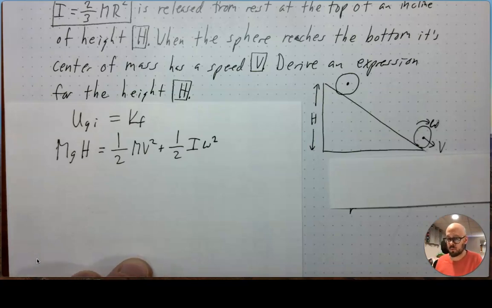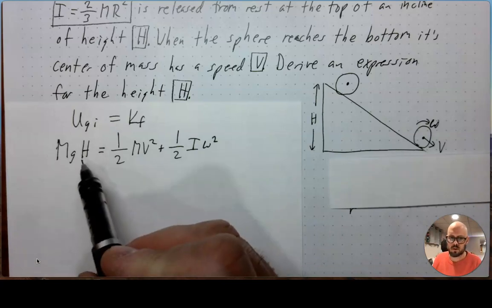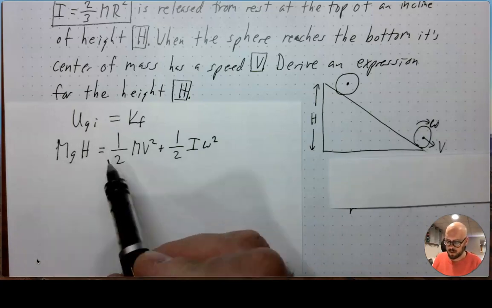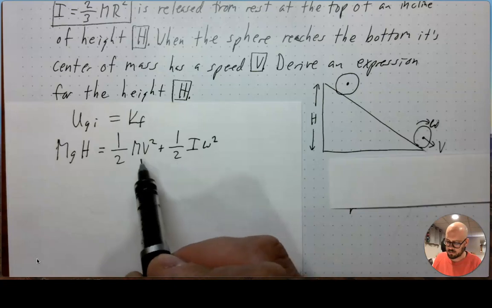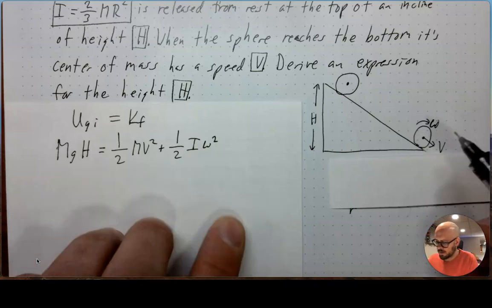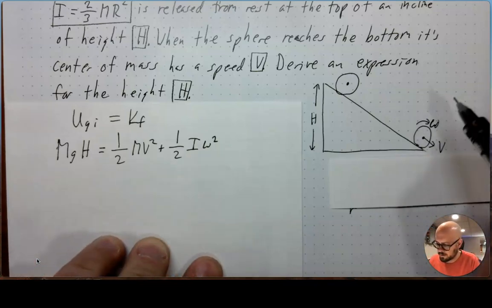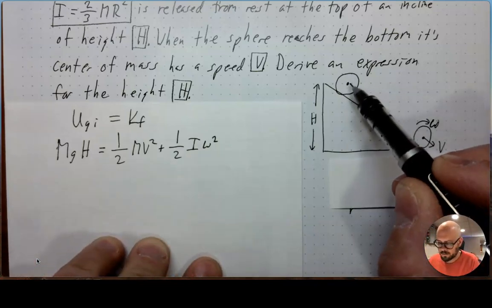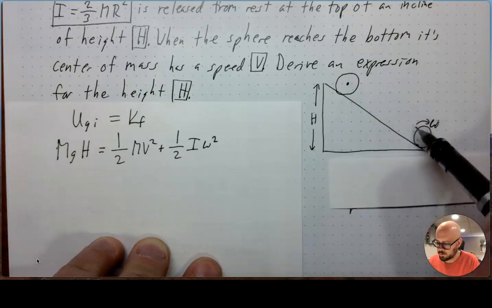This is the moment where we're going to apply our rolling motion, because we are here to solve for h in terms of the mass and the linear velocity. The angular velocity and the linear velocity are related. The linear velocity of the wheel itself is equal to the tangential velocity of a point on the surface of the sphere.